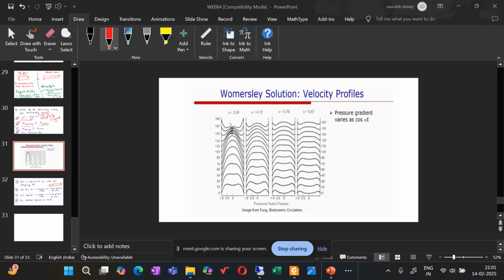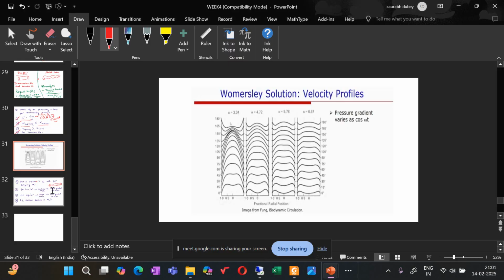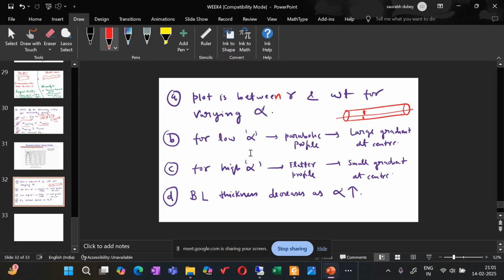Again, for the higher omega t, this central region is becoming flatter. Okay, so in this asymptotic limit, these options are there, right? The first option is a plot between position and omega t, for varying values of the Womersley number.